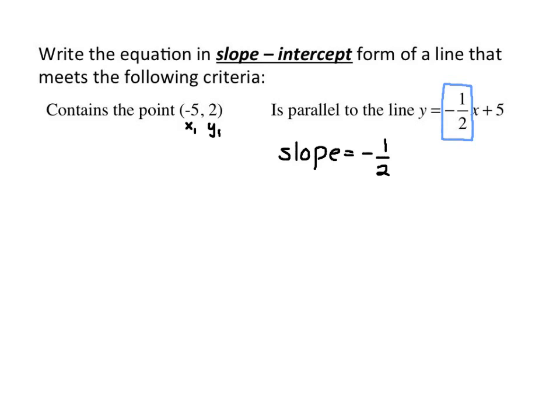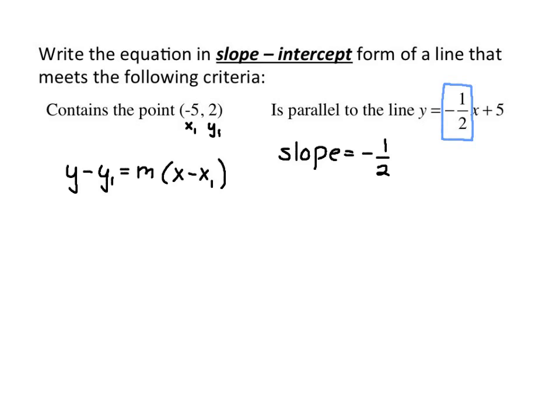So, if we're going to write this equation, they asked for it in slope-intercept form, but we can still start with our simpler form of the point-slope form. So if I start with y minus y1 equals m times x minus x1, we can set the equation up in this form, and then we can put it into slope-intercept form in just a little bit.